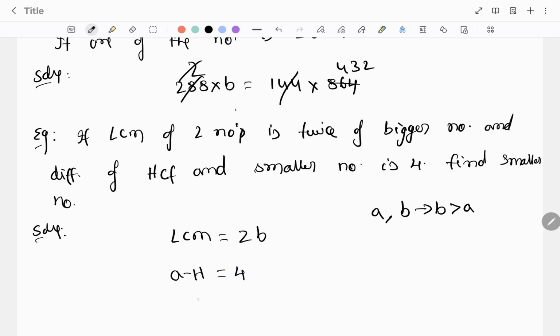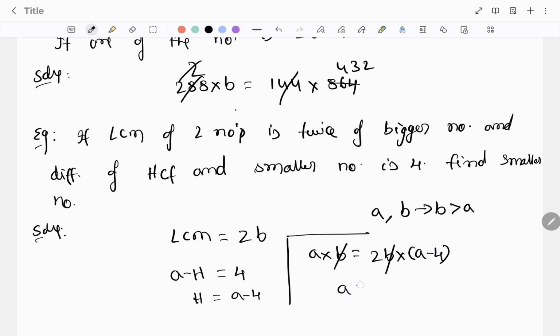So A minus H is equal to 4, then H is equal to A minus 4. They are asking for the smaller number. As we know, the product of two numbers, A into B, is equal to the product of their LCM and their HCF. Then B and B get cancelled. A is equal to 2A minus 8. Then A is equal to 8.